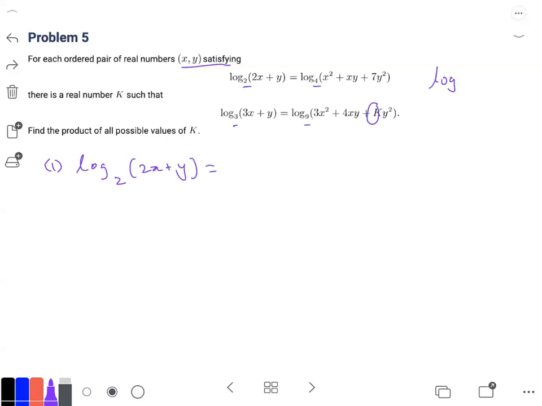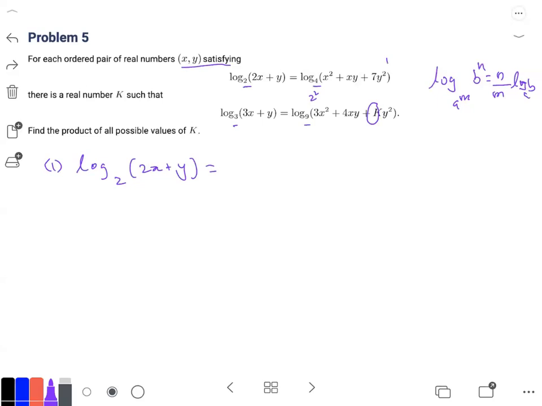Log base a^m of b^n is n over m log base a of b. So we can do that here. That's 2 squared, and we can think of this as to the power of 1. So this is 1/2 log 4 of x squared plus xy plus 7y squared.